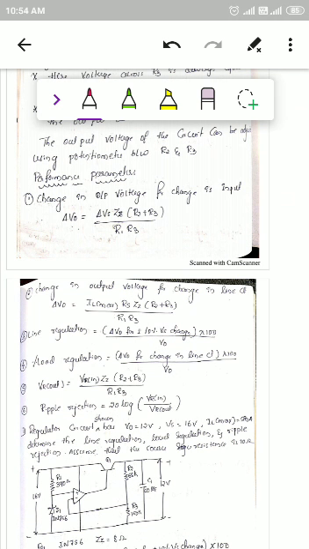Compare these equations with your voltage follower equations; they almost resemble each other, the difference being the resistance values. The change in the output voltage for a change in the input, delta V naught, is equation number 3 in the voltage follower. So delta V in into ZZ, or delta Vs into ZZ, into R2 plus R3 divided by R1 R3. This is the first equation.